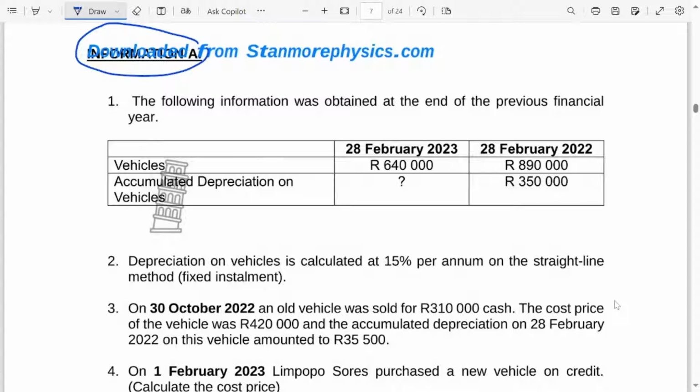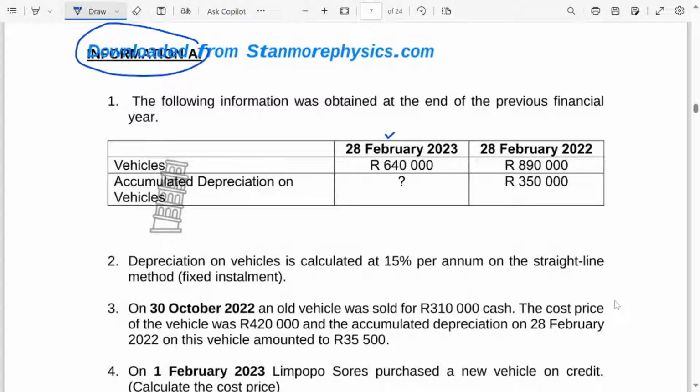Then they gave us the vehicles at the end of the previous financial year on 28 February 2022, because the current year ends on 28 February 2023. So the previous year ends on 28 February 2022.